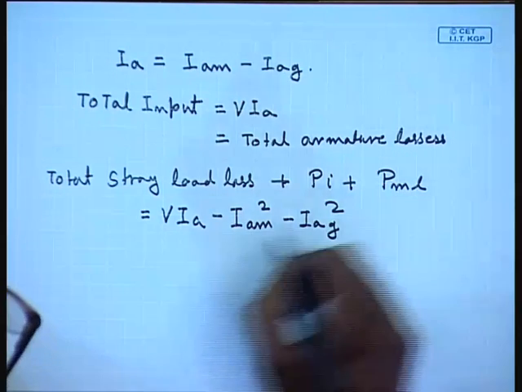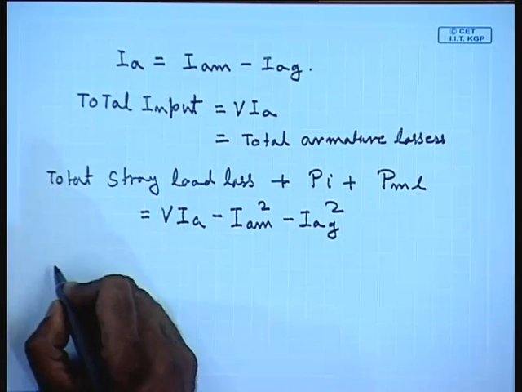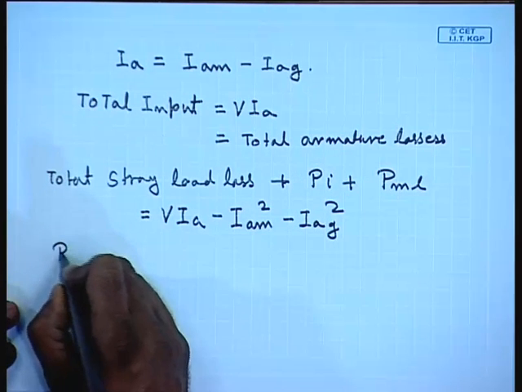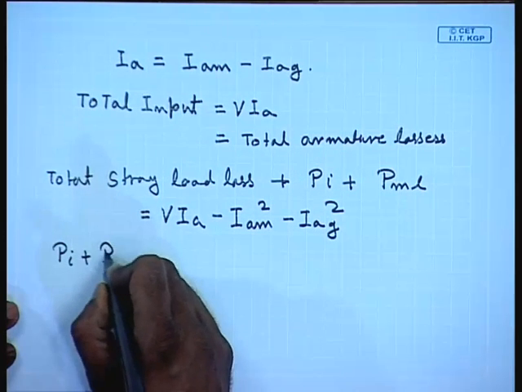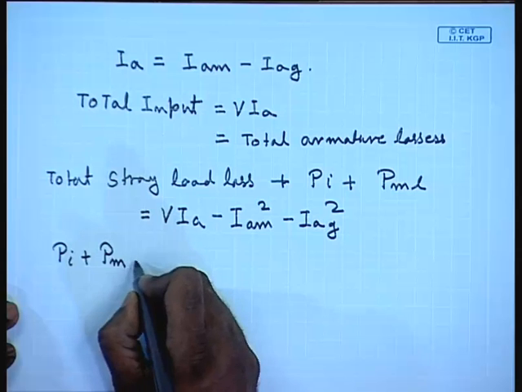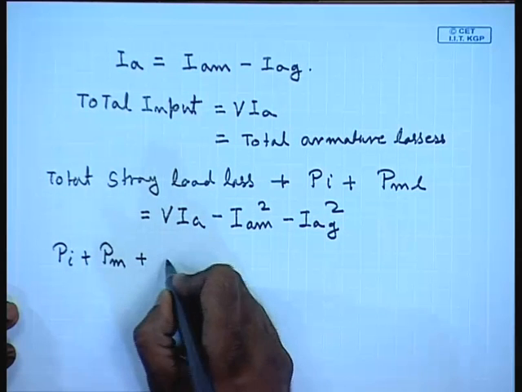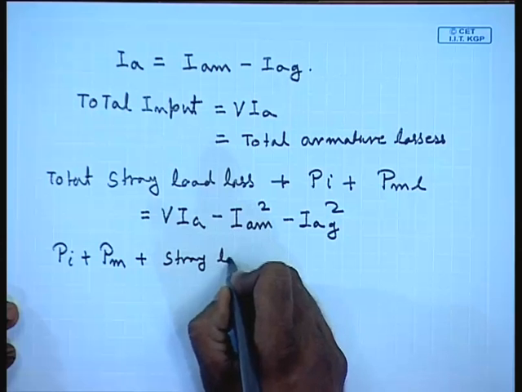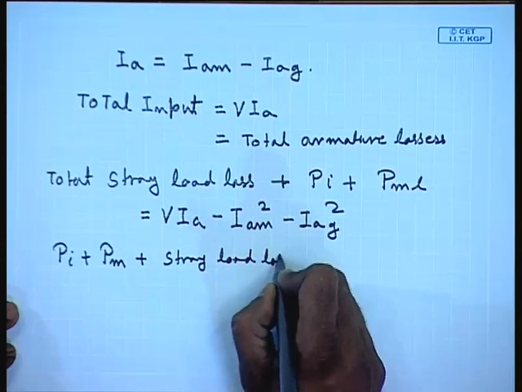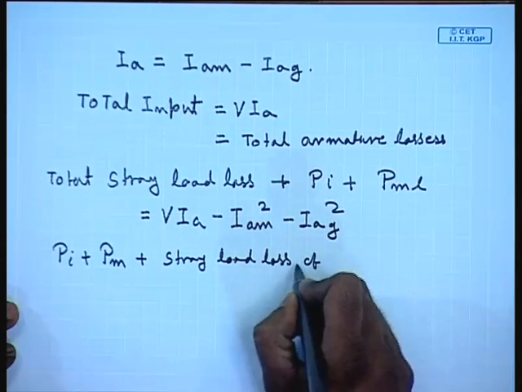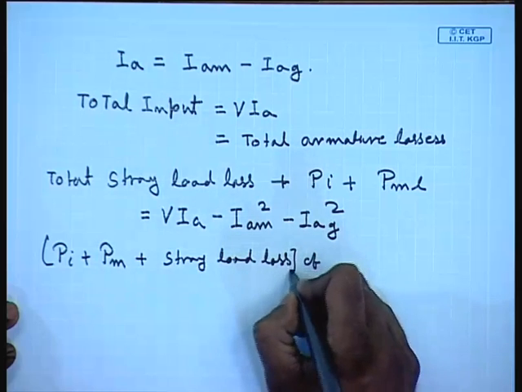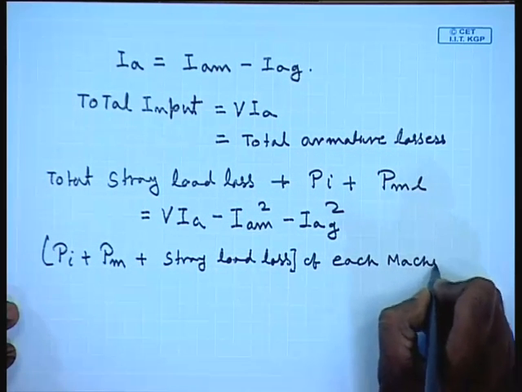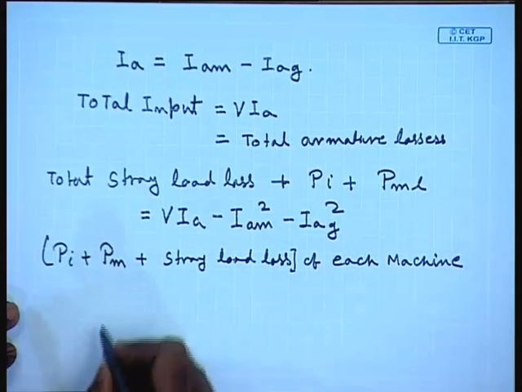This is equal to this. So, for each machine it is half of this.